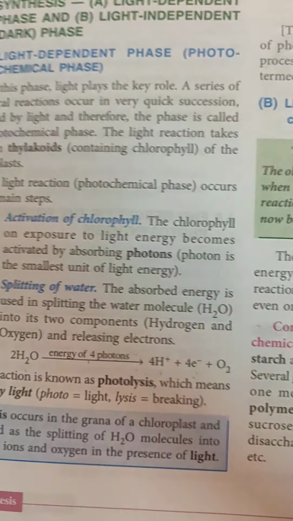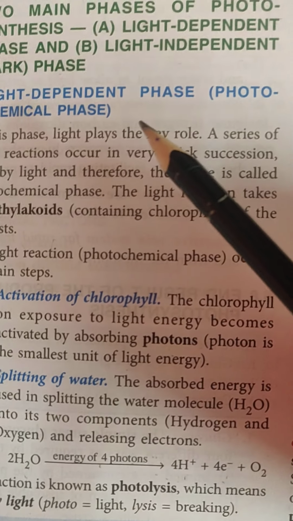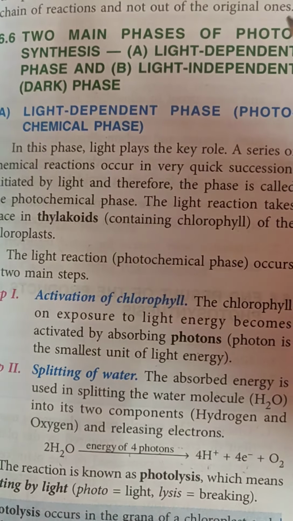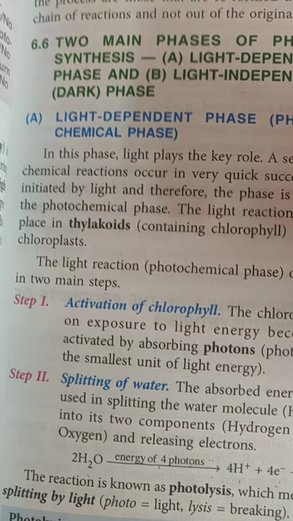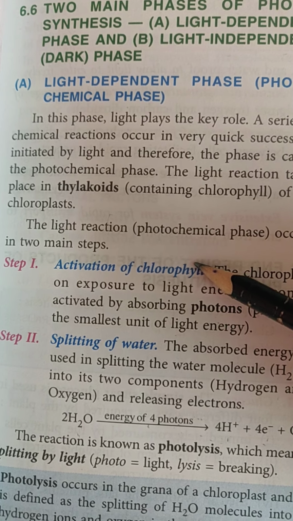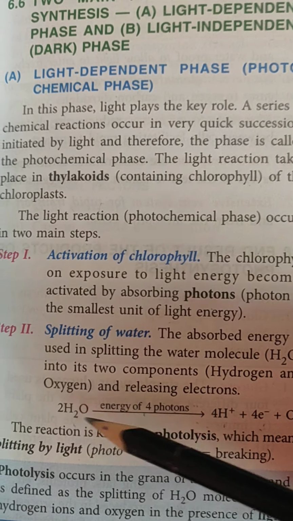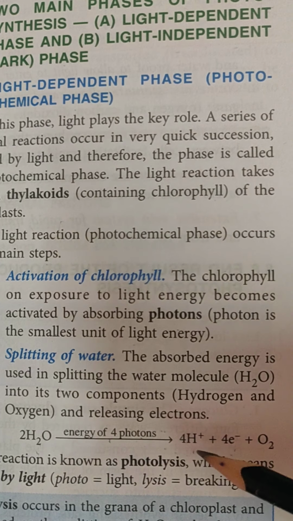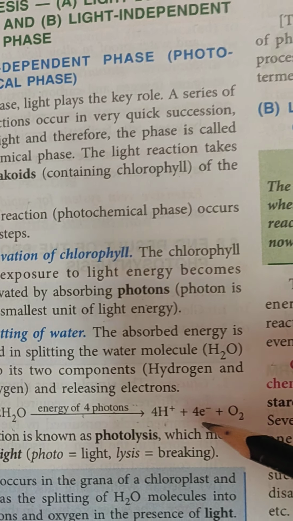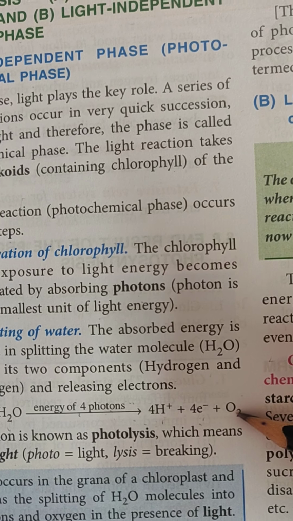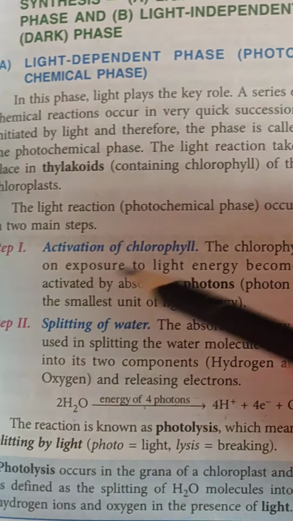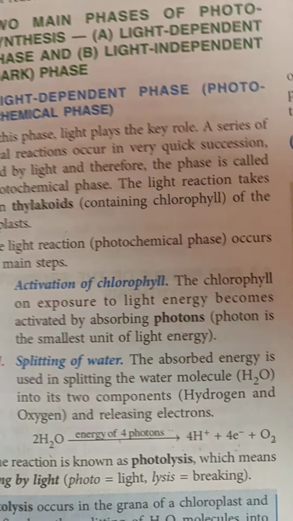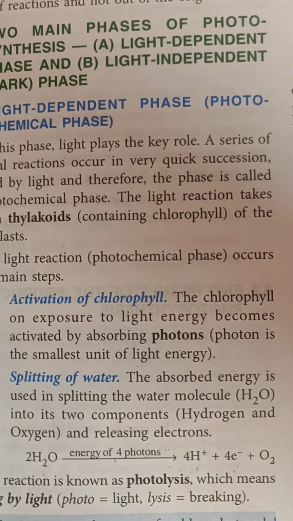What has happened here? Light energy has been used by the chlorophyll present in the thylakoid first to get activated. The light energy that is trapped is used to split the water into 4 hydrogen ions, 4 electrons and oxygen, a process known as photolysis, taking place in the grana of chloroplast.